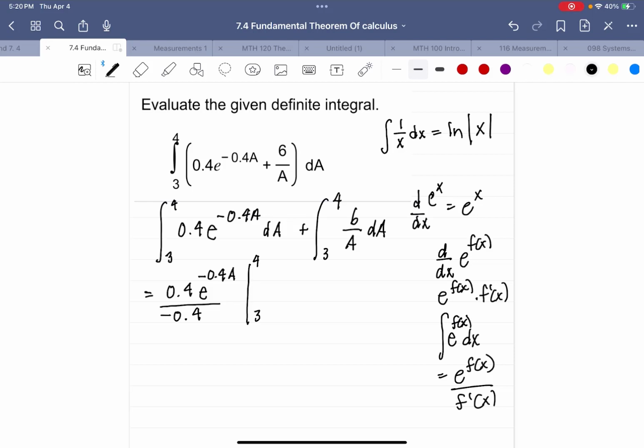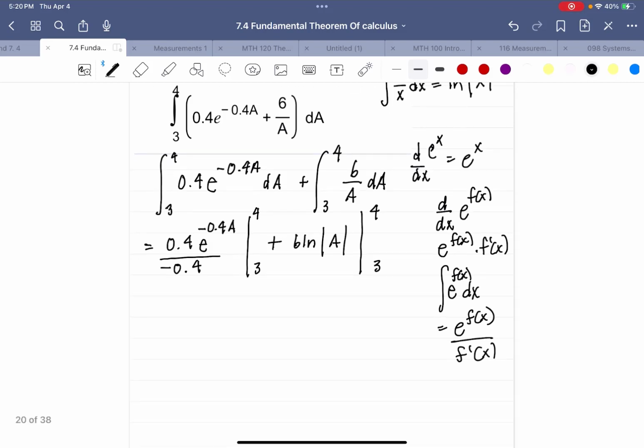And I could do those at the end, and I will actually. Plus 6 times the natural log of the absolute value of a, and it's going to be evaluated at 4 and 3. But I tell you what we'll do, instead of doing each part, let's take this whole thing and evaluate it first at 4 and then at 3, and then subtract those two.